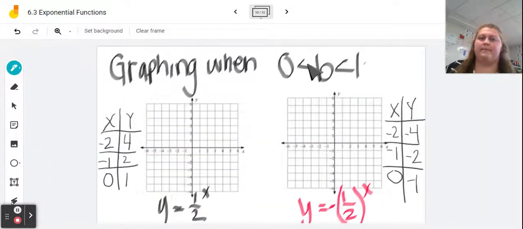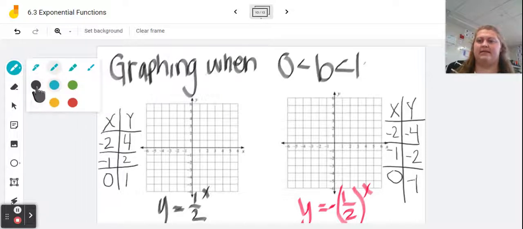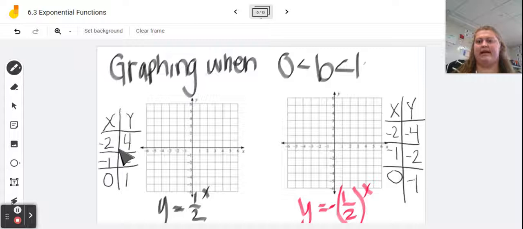So graphing it when b is in between 0 and 1. I already put the points here, and I'm just going to show you how I graph it, since I didn't do a very good job of that last time. For this first one, I have -2 and 4, so my first point is right there. Then I have -1, 2, and 0, 1.